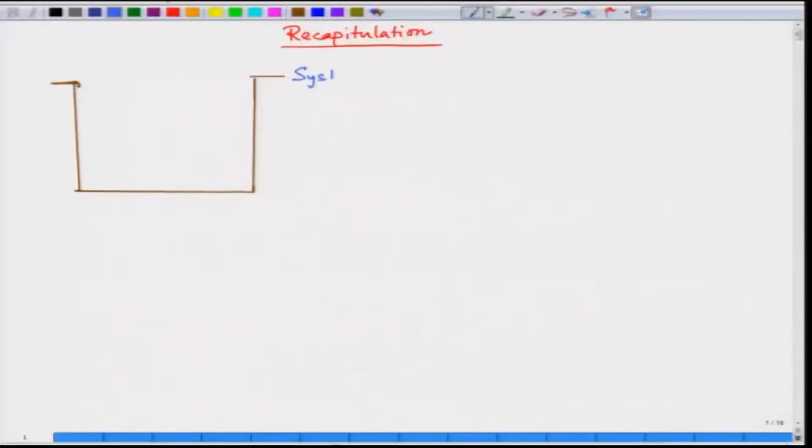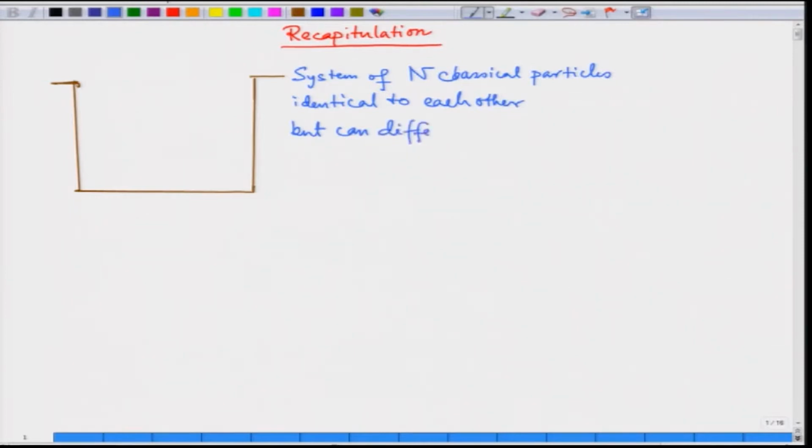If you remember, you have a system of N classical particles which are identical to each other, but can differ only in mechanical states.